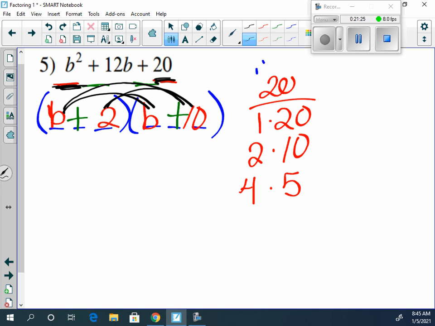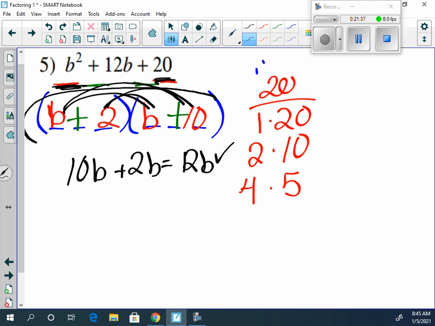Well, b times 10 is 10b, 2 times b is plus 2b, which gives us 12b, and that's what we wanted.